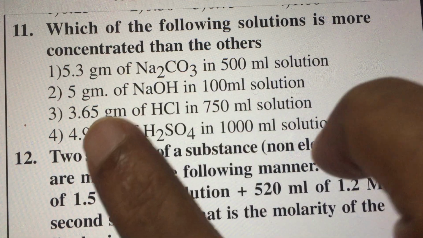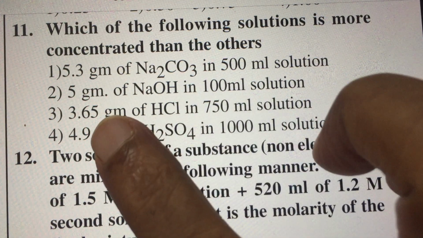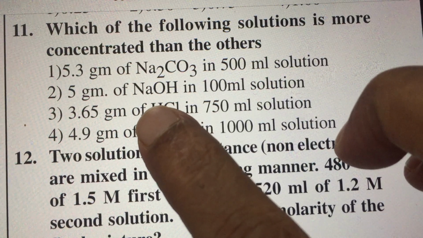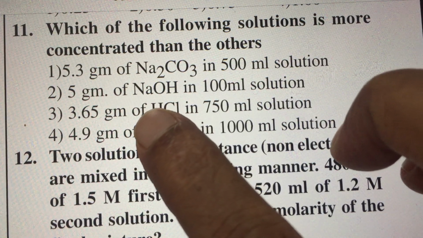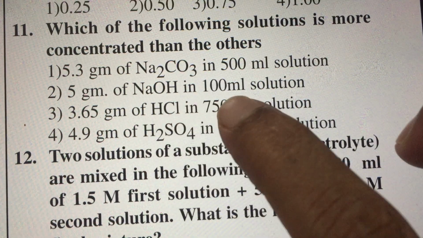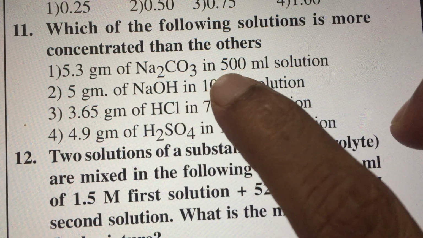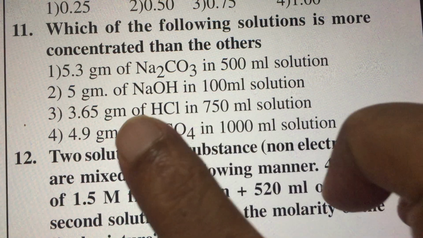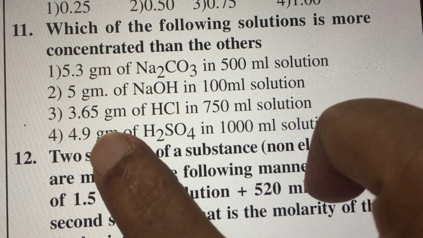This is 100 ml 5 grams, 1000 ml 50 grams. 50 by 40, that is equal to 1.25 moles. Earlier was only 0.1 mole. The next one, 750 ml 3.65 grams.